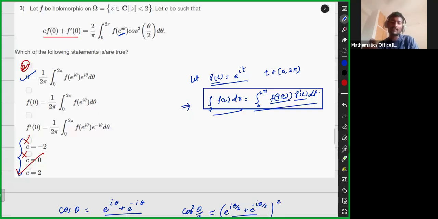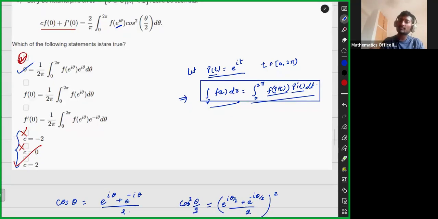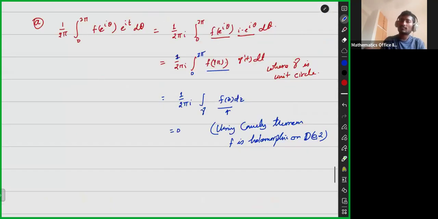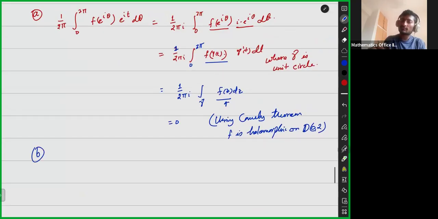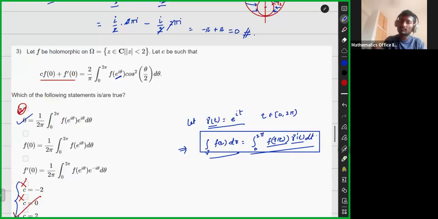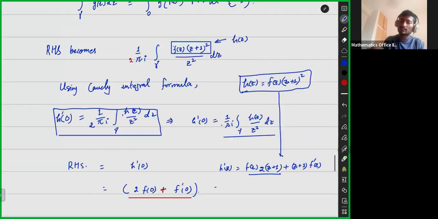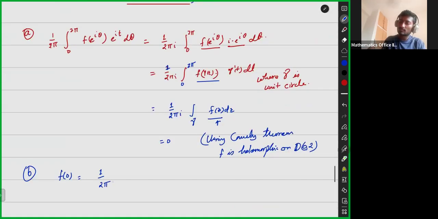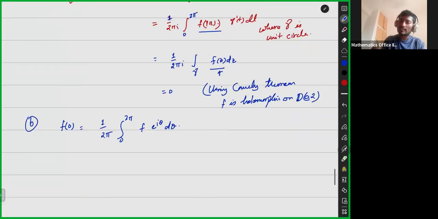Here in the second question, this is again the Cauchy integral formula. So part B is what they are calculating: f of 0 is equal to 1 upon 2 pi, integral 0 to 2 pi, f of e power i theta d theta.